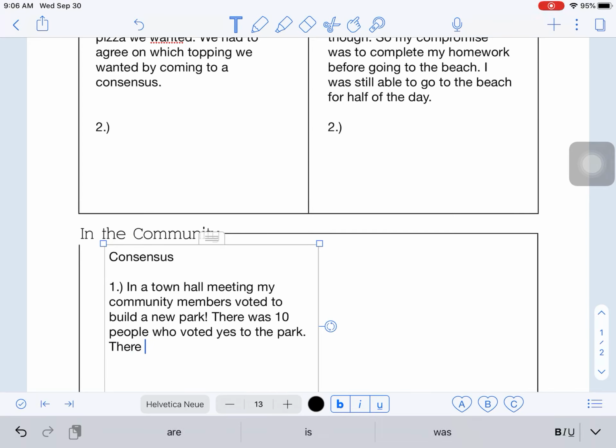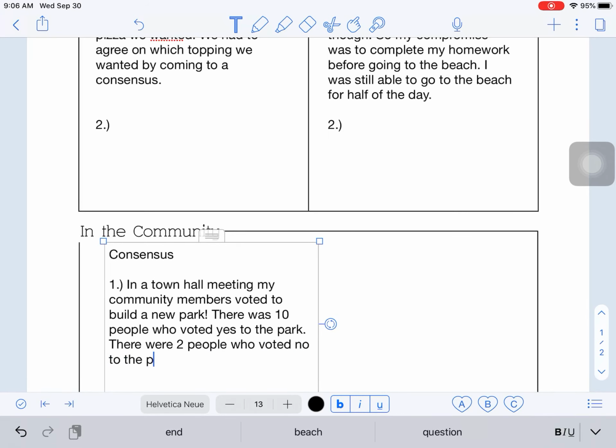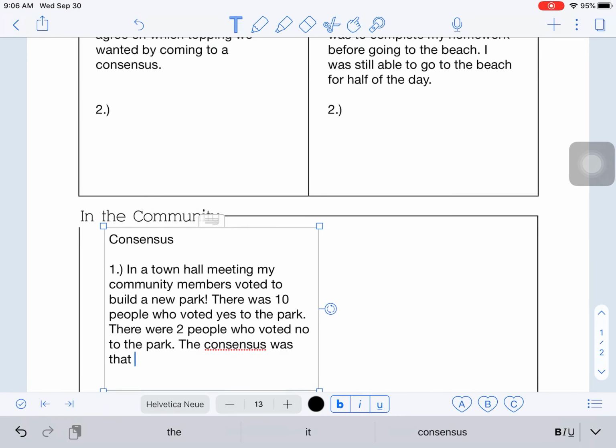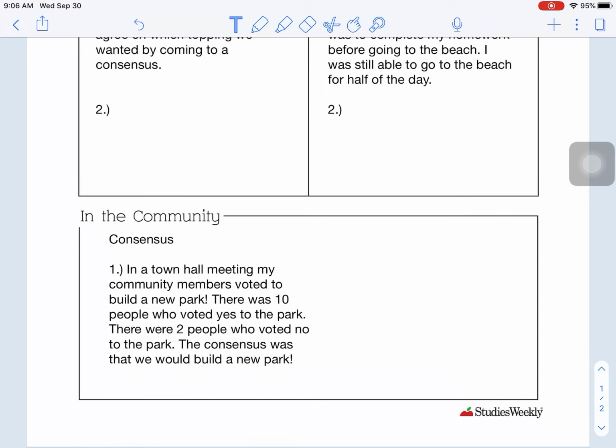There were 2 people who voted no to the park. The consensus was that we would build a new park. Oops, sorry guys, I'm going too fast for myself right now. That would be my consensus.